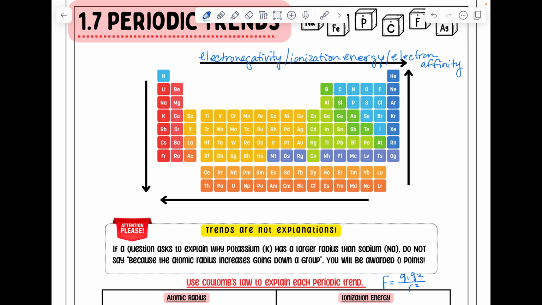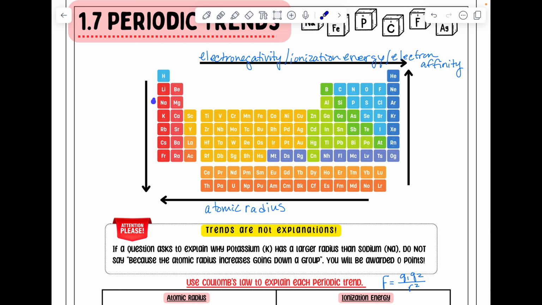The atomic radius actually decreases as you go towards the left. Now remember, that's only if it's in the same period or row. So let's be careful with that. It has to be in the same period or row. The atomic radius will increase as you go down.